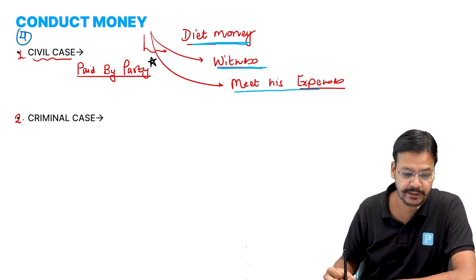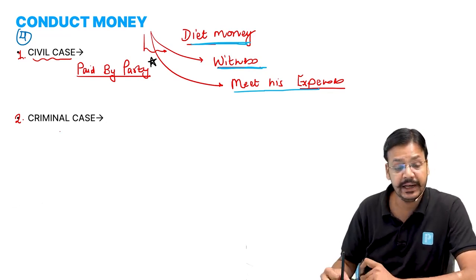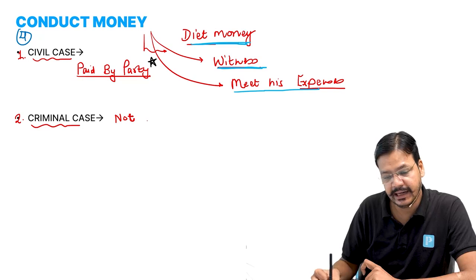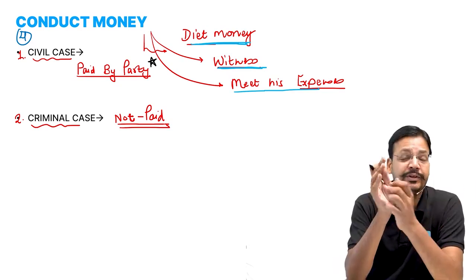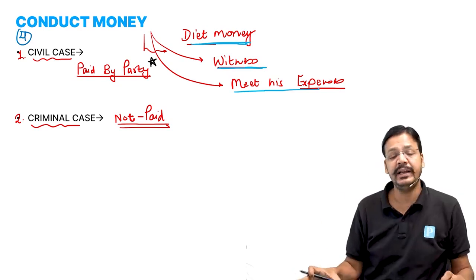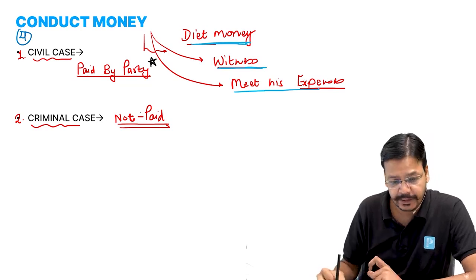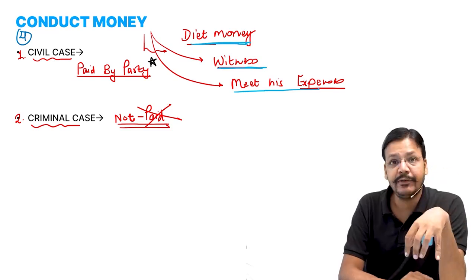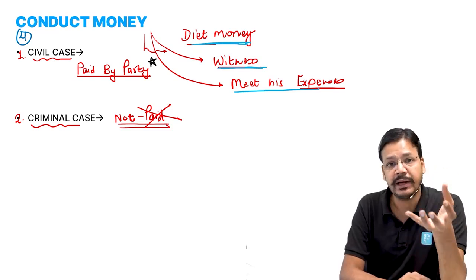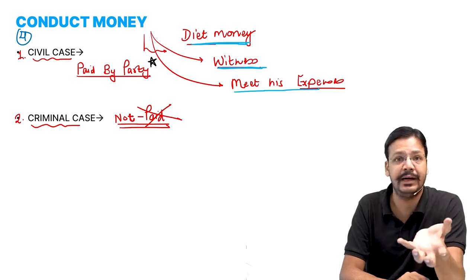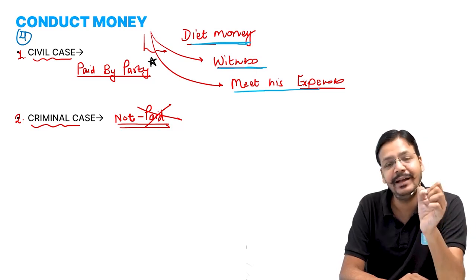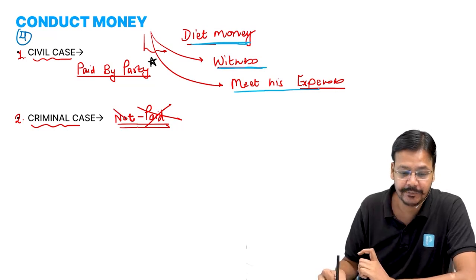Now, situation number 2. Generally in a criminal case, conduct money is not paid. Generally, I'm talking about the general scenario. Generally, in a criminal case, conduct money is not paid because it is our duty to reduce crime in India, and if we are asking money for that, we are not good Indian citizens.